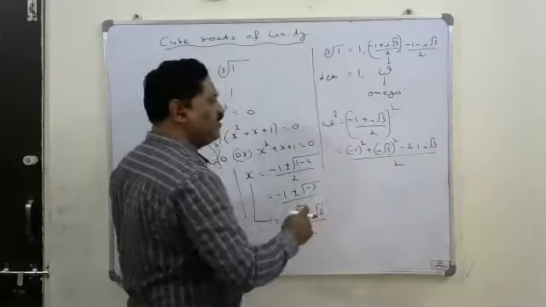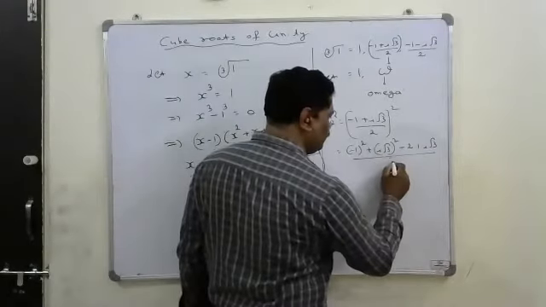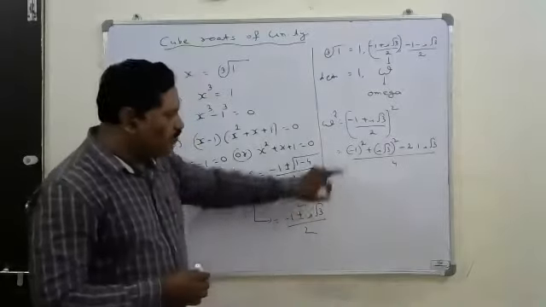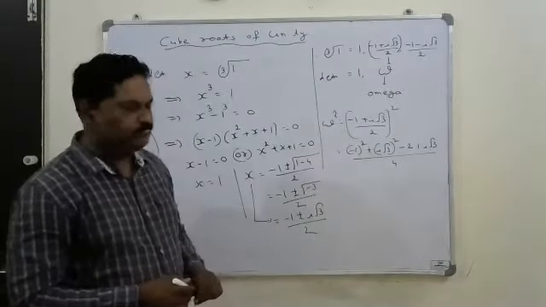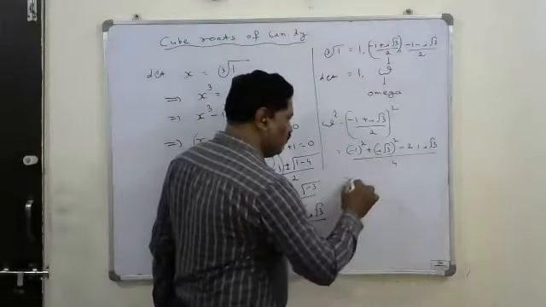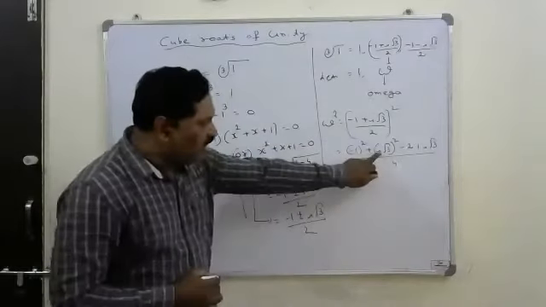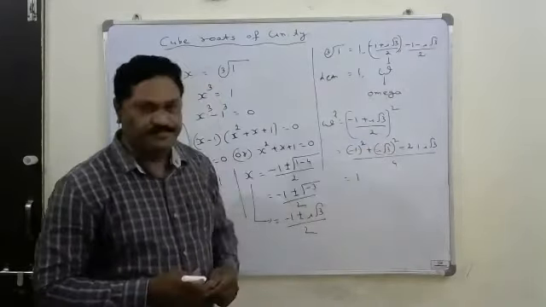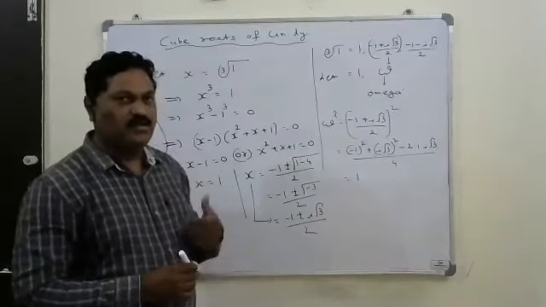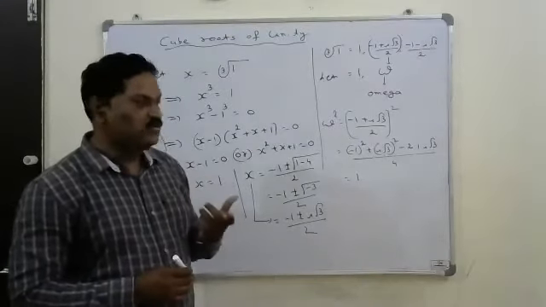This is the expansion of the numerator. So 2 square means 4 in the denominator. Now, minus 1 whole square is how much? 1. Then i square. What is the value of i square?